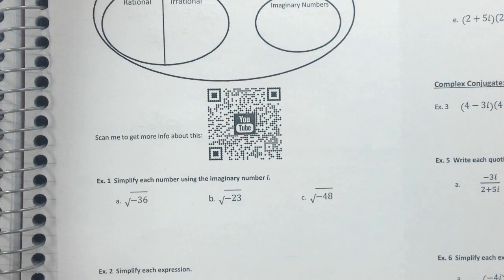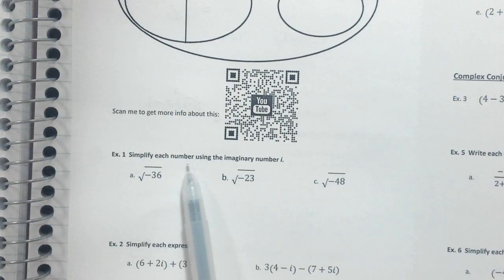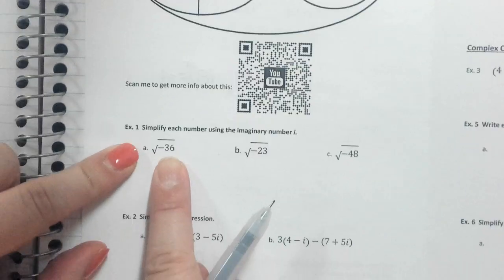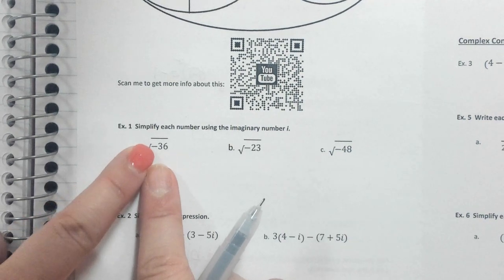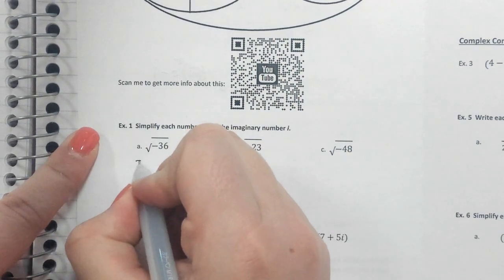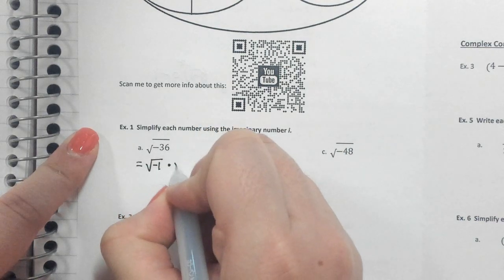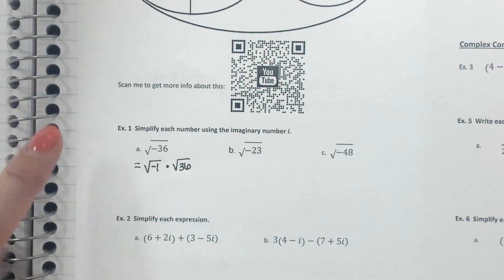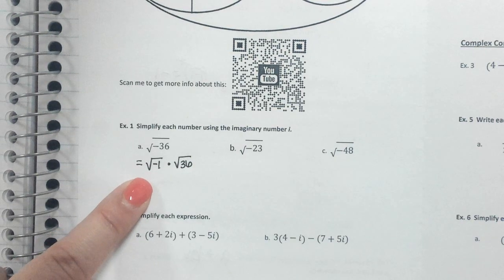Okay? All right, so let's simplify each number using the imaginary unit i. Okay? So now we're going to work with this. What we do is we look at this and decide what part of this is making this not real. It's a negative, right? So I can reconsider this to be the square root of -1 times the square root of 36. And we know that the square root of -1 is the imaginary unit i.